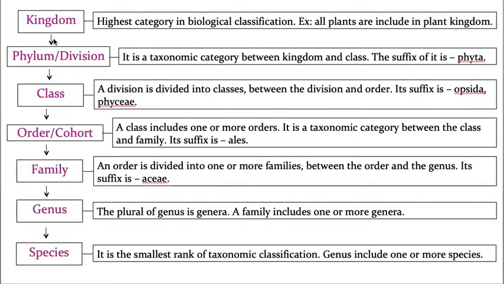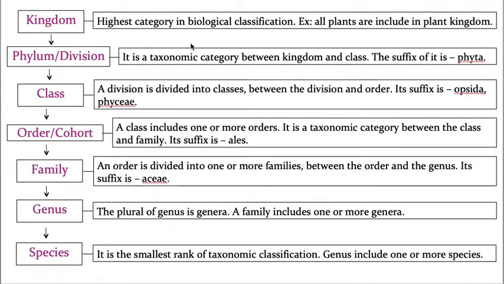And after kingdom, what is the next taxonomic category? Phylum or a division. For example, just for example, so that you can understand better, let us take the animal kingdom. The animal kingdom includes so many phyla: phylum Porifera, phylum Coelenterata, phylum Nematoda, phylum Chordata, phylum Arthropoda, which is the largest phylum.